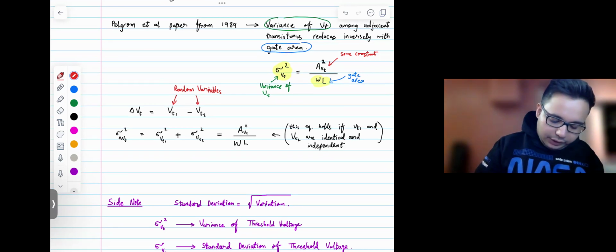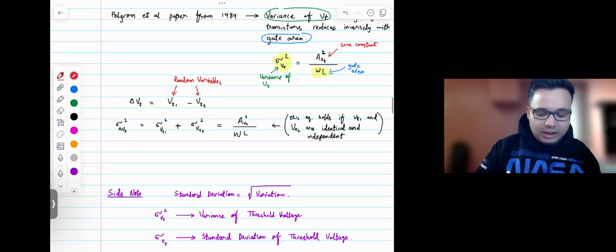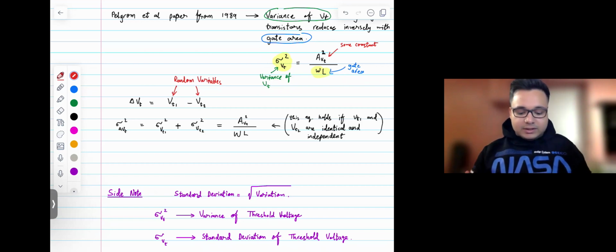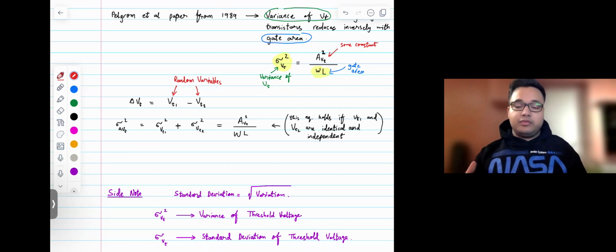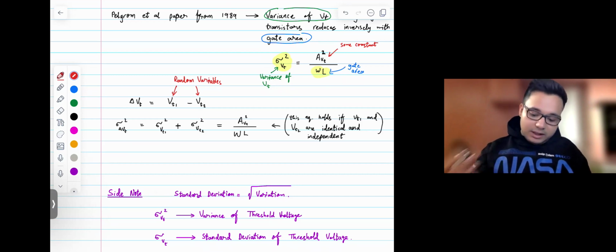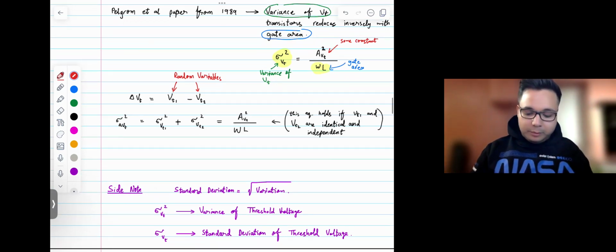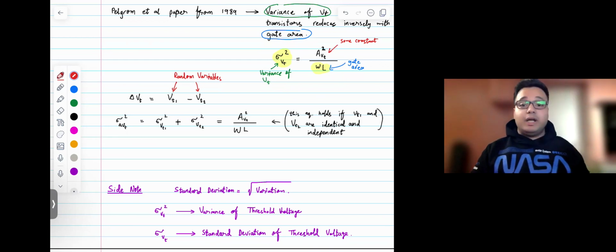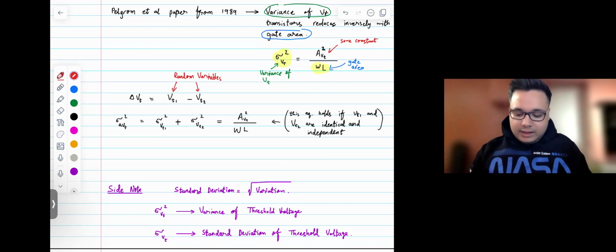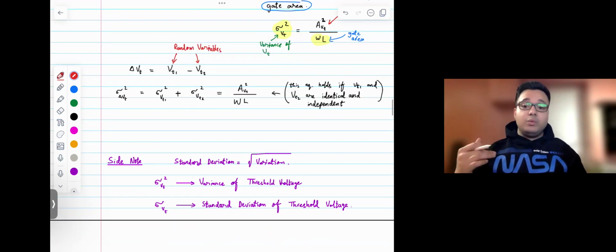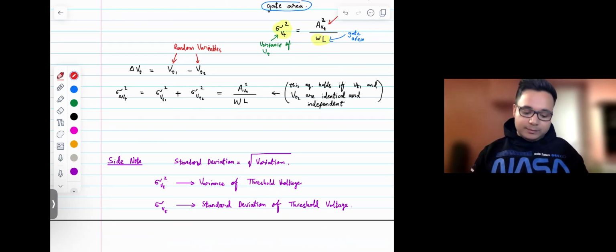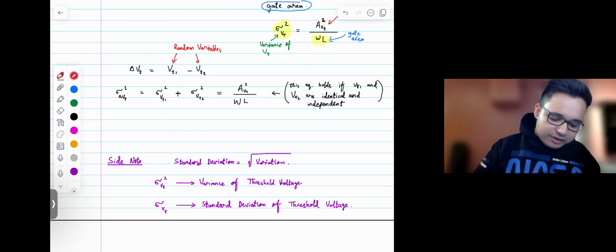So the variance in delta VT is equal to the variance in threshold voltage of transistor 1 plus the variance in VT of transistor 2. And that is equal to, again, what we saw from Pelgrom's law, A VT squared divided by the gate area. Okay, and this equation holds for two transistors if VT1 and VT2 are identical and independent as random variables.